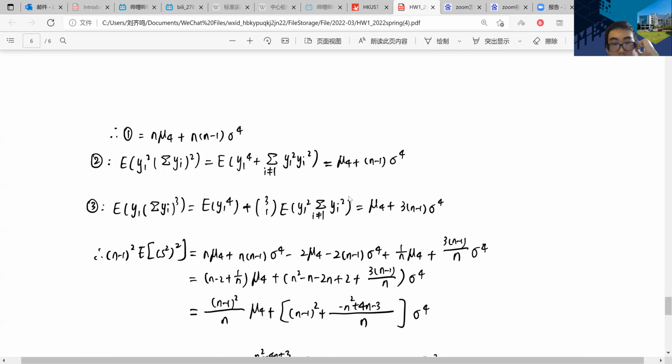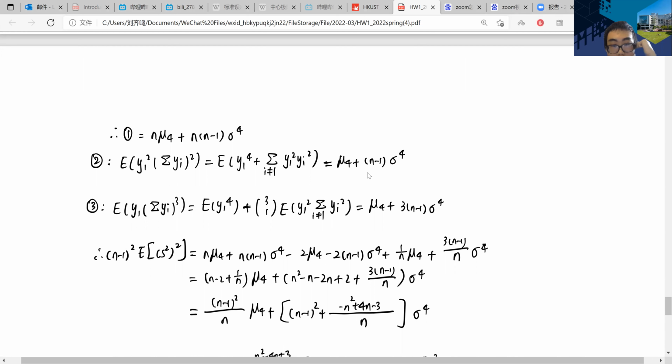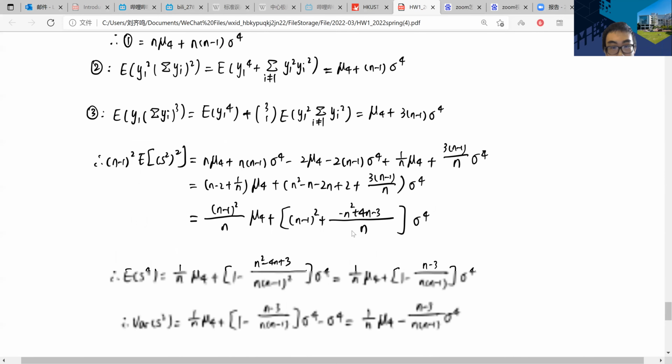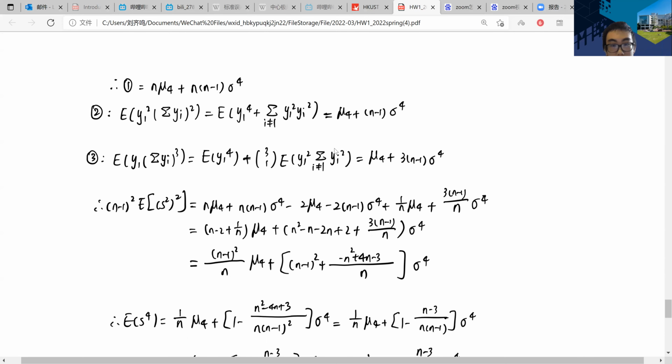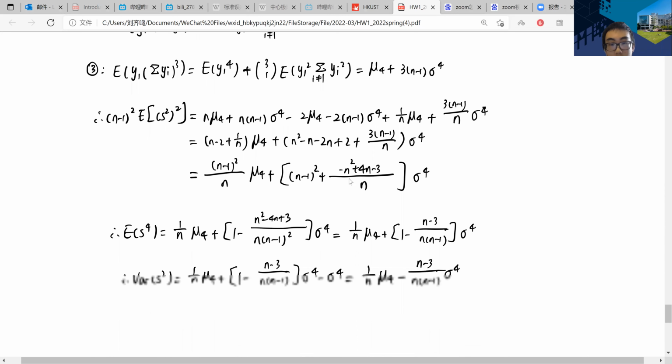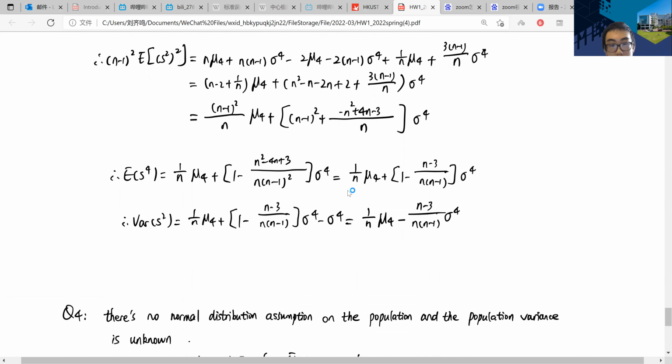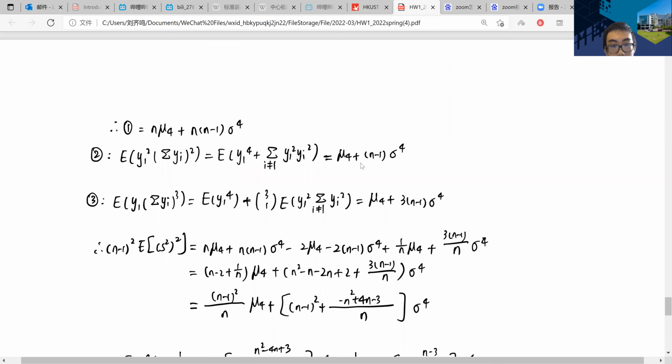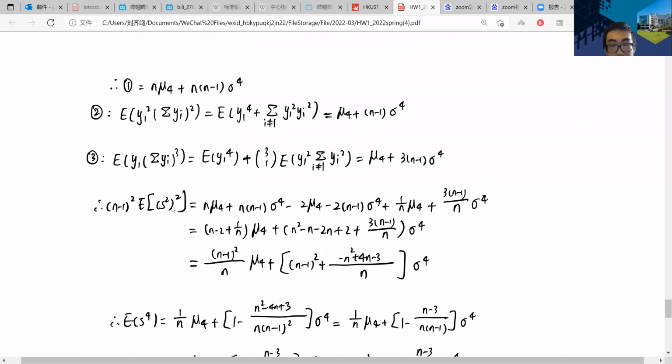The second and third terms basically follow the same process of expanding as the first term, which I have explicitly written here, and I will omit the explanation. After I figure out the second and third terms, I rearrange and figure out the expectation of x to the power of 4.